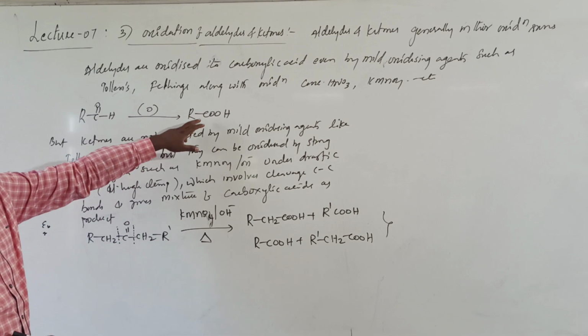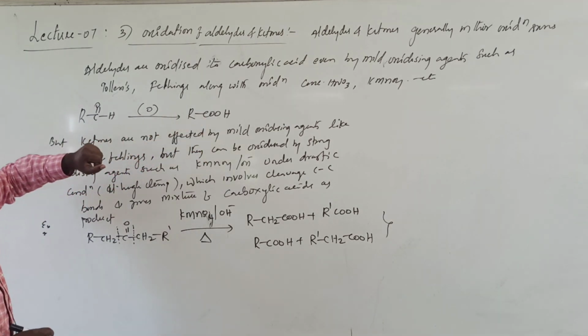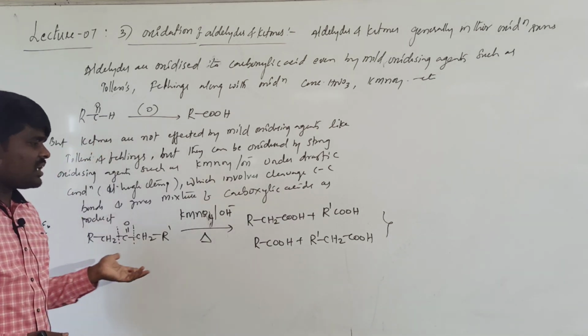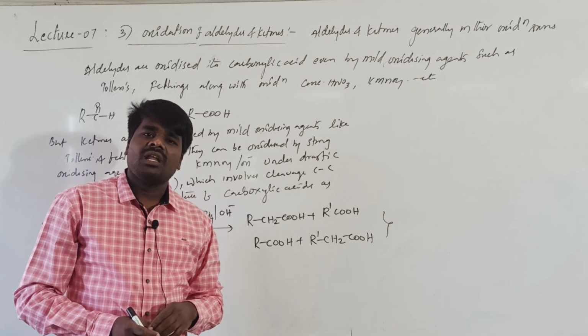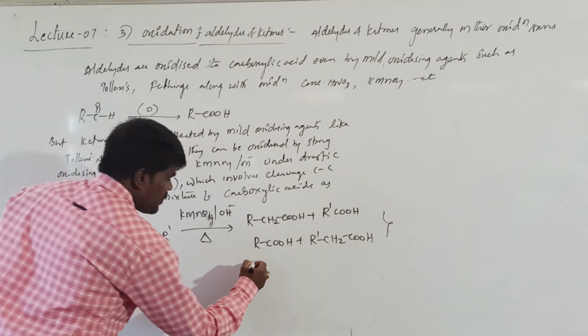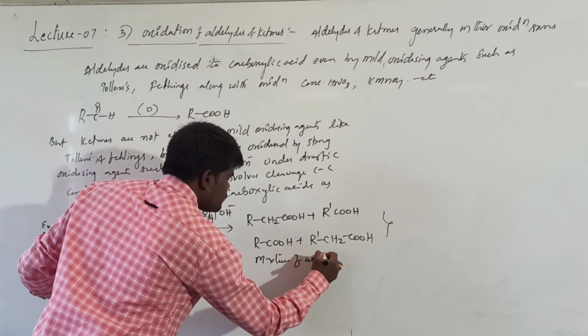Whereas in the case of aldehydes, the carboxylic acid will contain the same number of carbons as the aldehyde, in the oxidation of a ketone the resultant carboxylic acids will contain fewer carbons than the corresponding ketone.